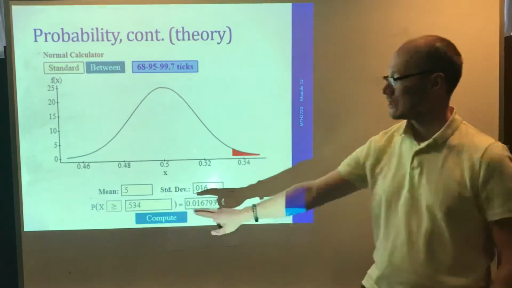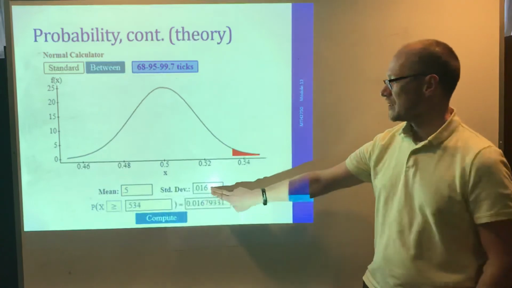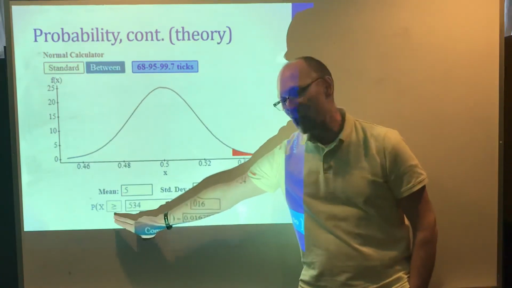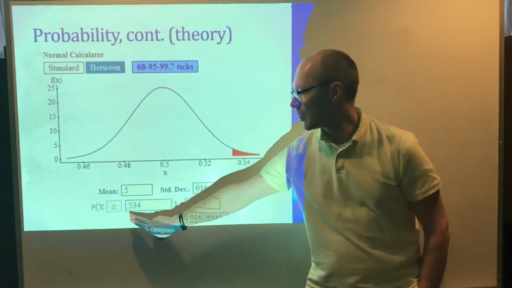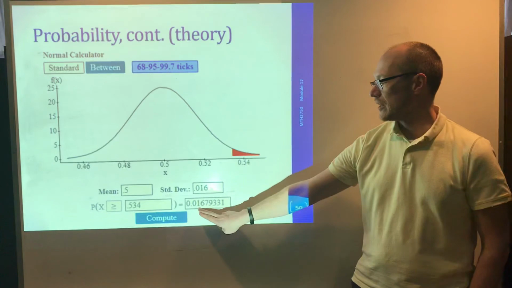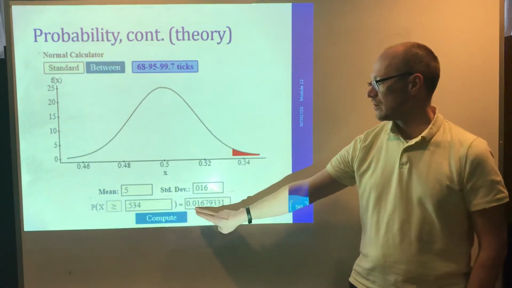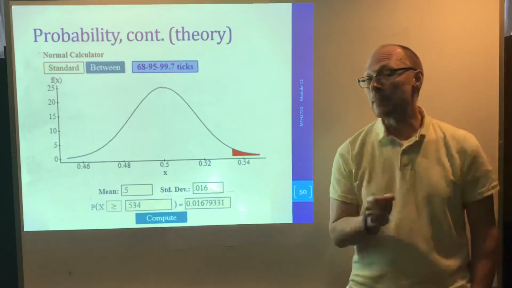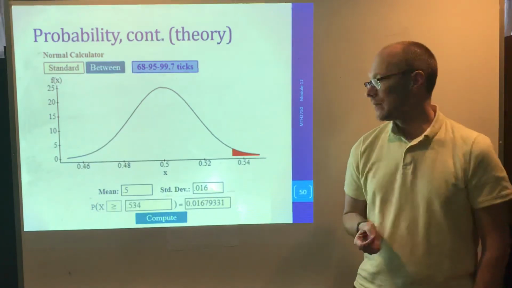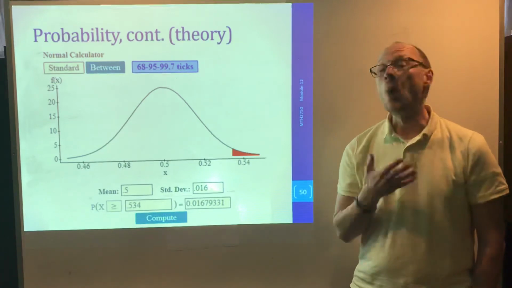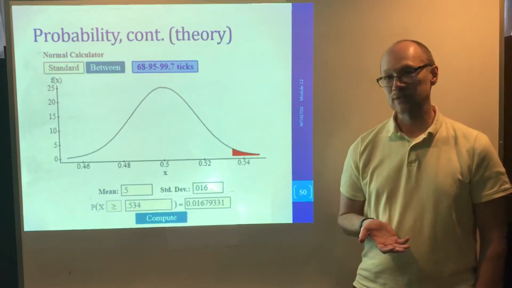The normal calculator, I just put in a mean of 0.5, a standard deviation of 0.16, and I want to know what's the area of this curve greater than 0.534. And it turns out that the area is 0.017. That's the probability. The probability of getting 0.534 or higher is a 1.7% chance.